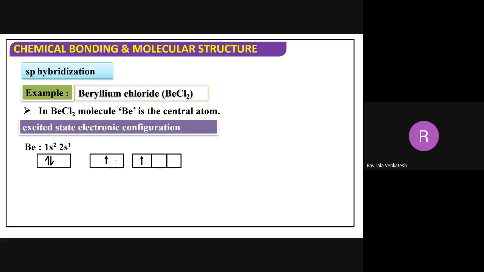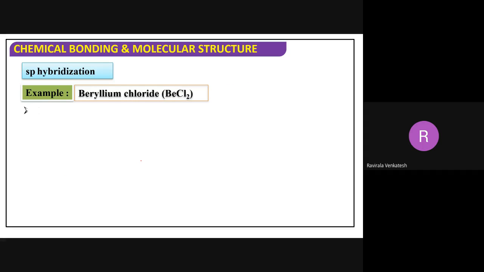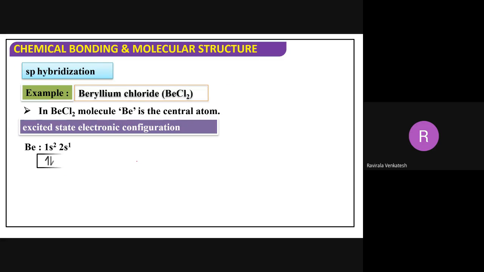That means this electron will jump into this one. So what happened? Now this is the s orbital, and this one is the p orbital.